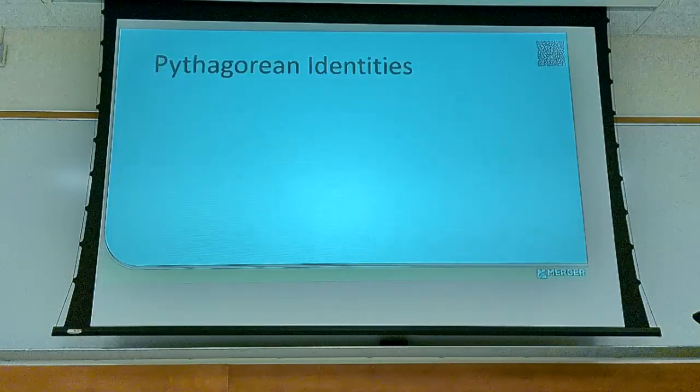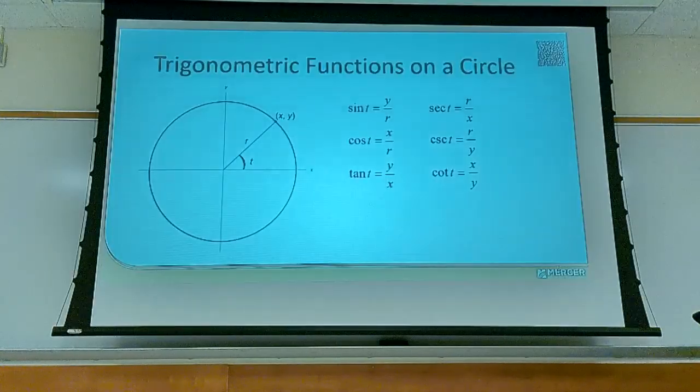Pythagorean identities. There are three of them. First one, sine squared plus cosine squared is equal to 1. Again, that should easily be derived based on the definitions.